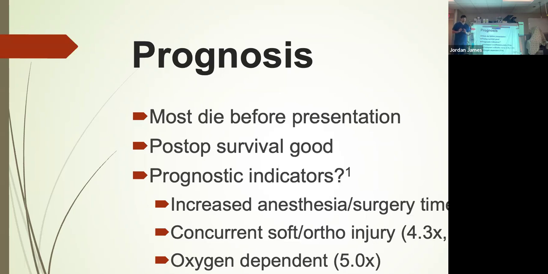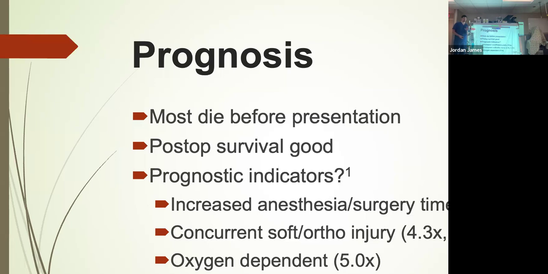Some of the prognostic indicators that have been found: any increase in anesthesia and surgery time is going to increase the chances of complications and issues post-operatively. Having concurrent soft tissue or orthopedic injury can cause a 4.3 times, or for ortho, 7.3 times increase in mortality rates, unfortunately. And being oxygen dependent when they come in, they have about a 5 times increased chance of mortality, unfortunately.